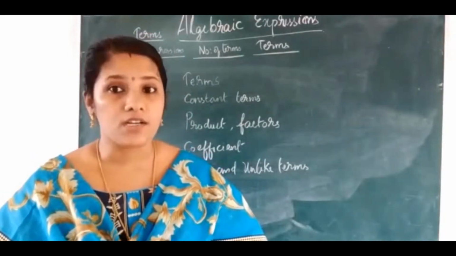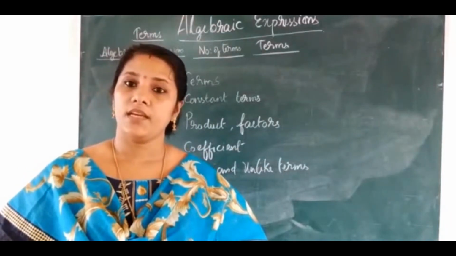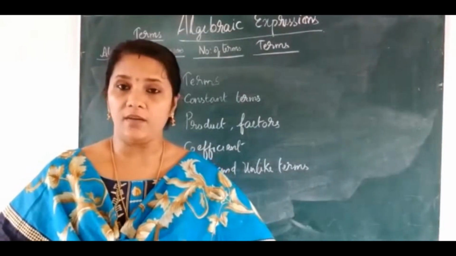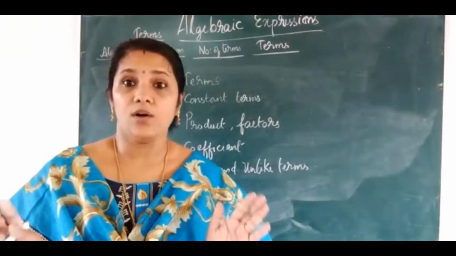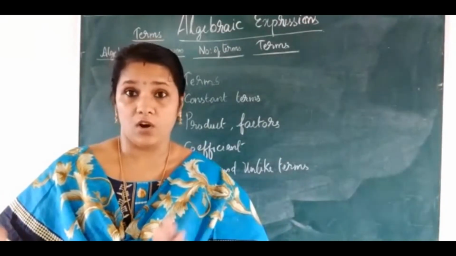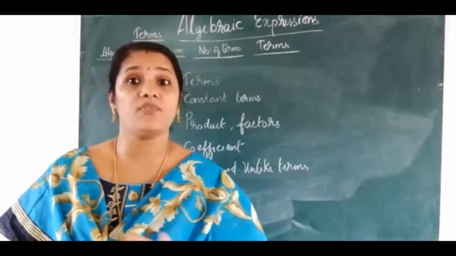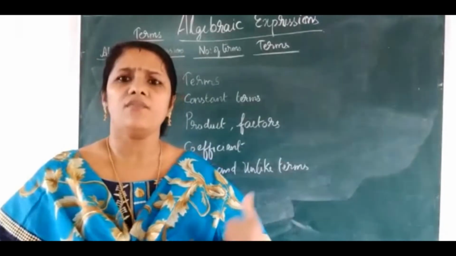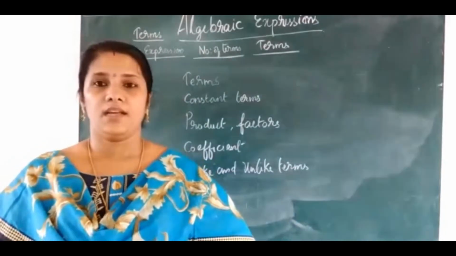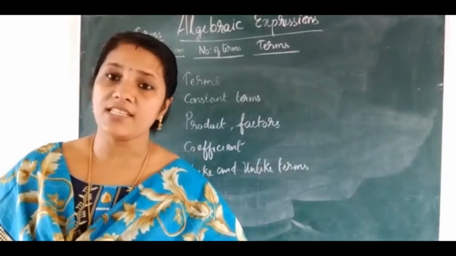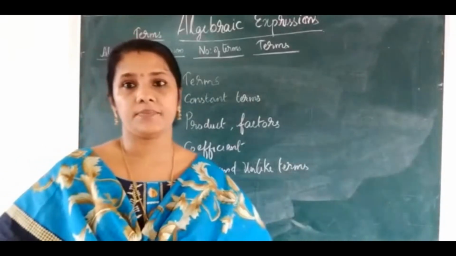Then what is a constant term? If there are no variables, no letters, with the numeral of the term of the algebraic expression, we can call it a constant term.